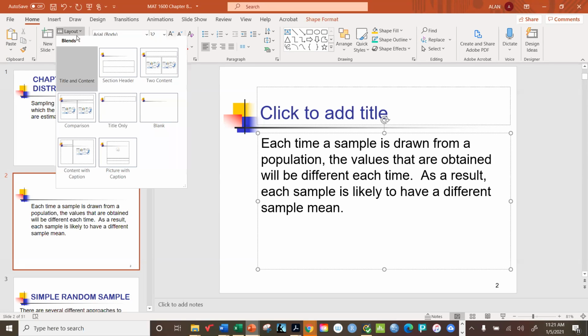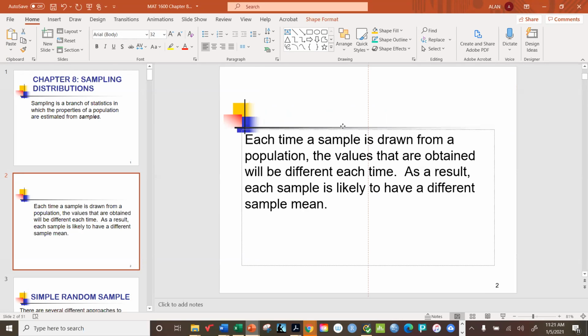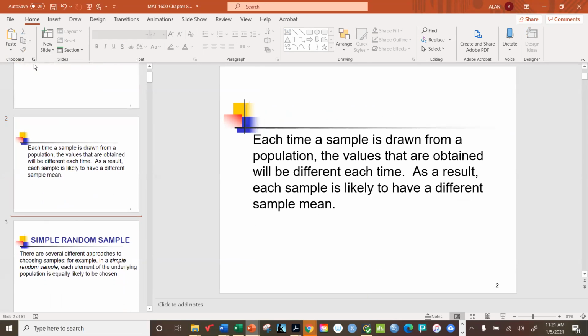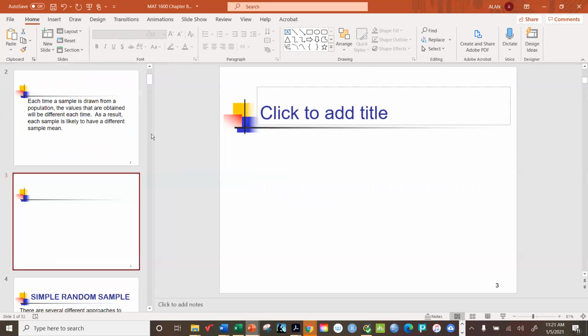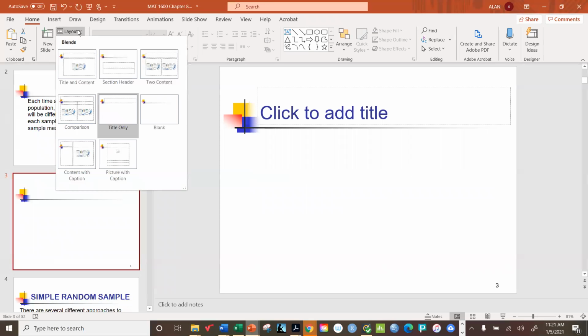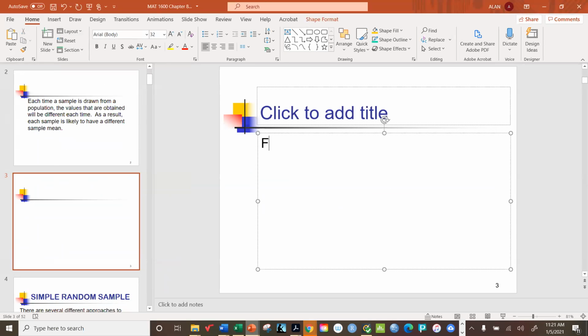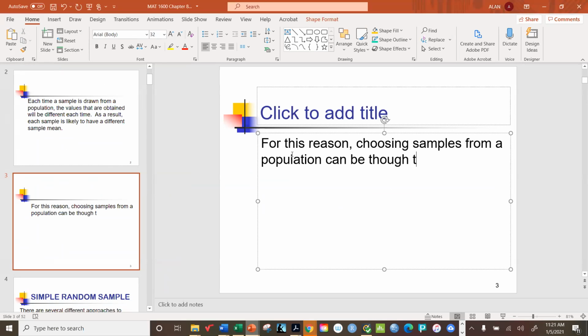Well, that being the case, for this reason, choosing samples from a population can be thought of as a random experiment.